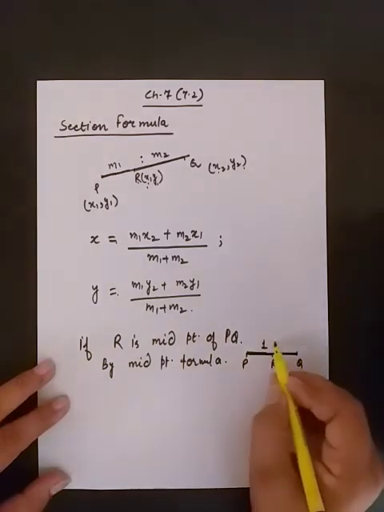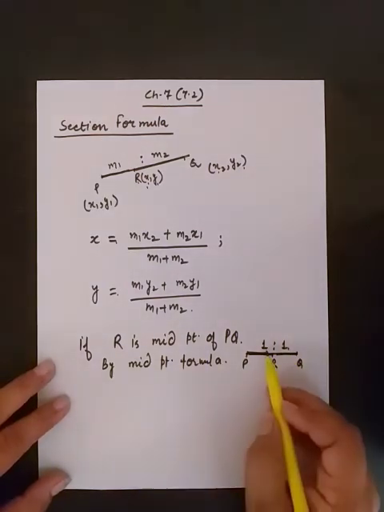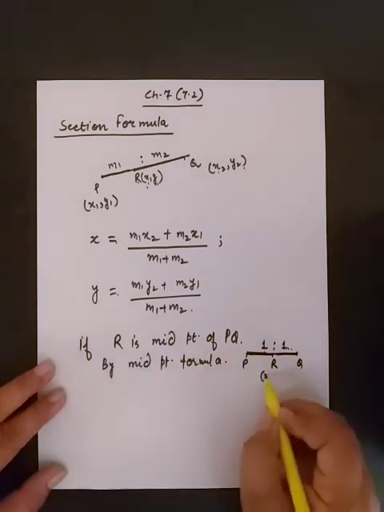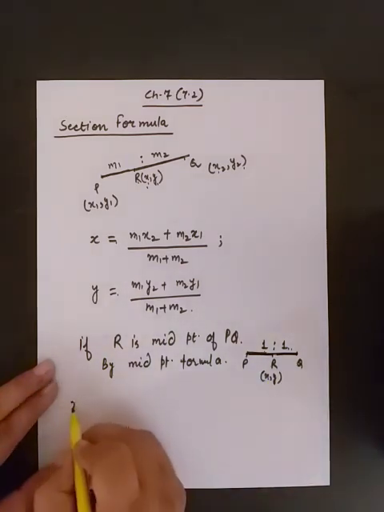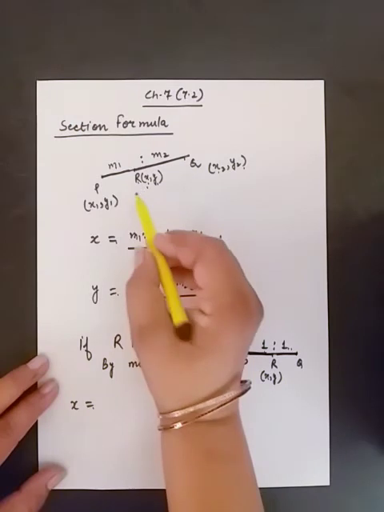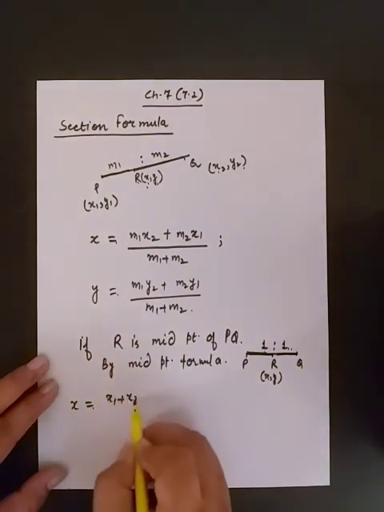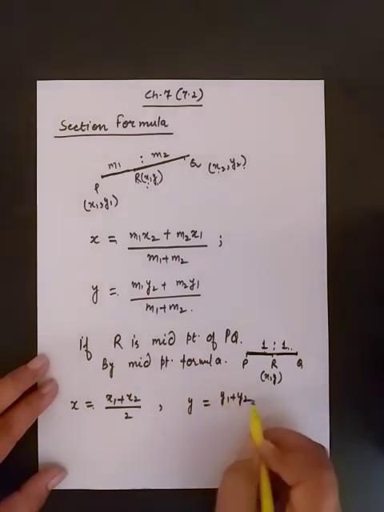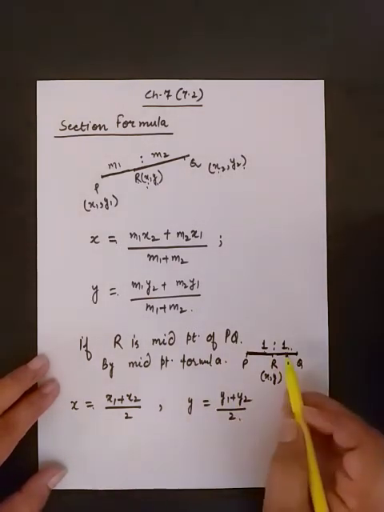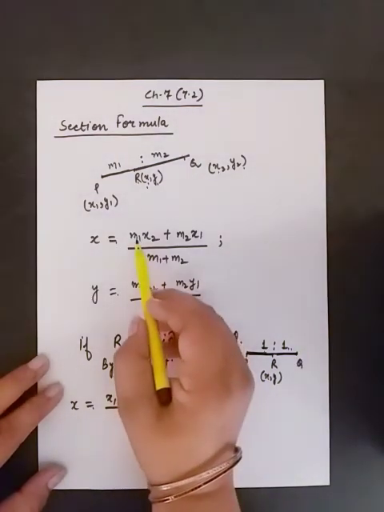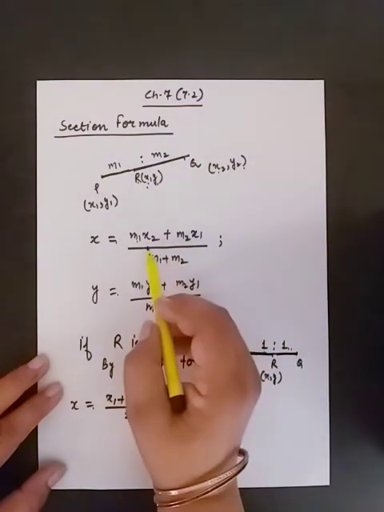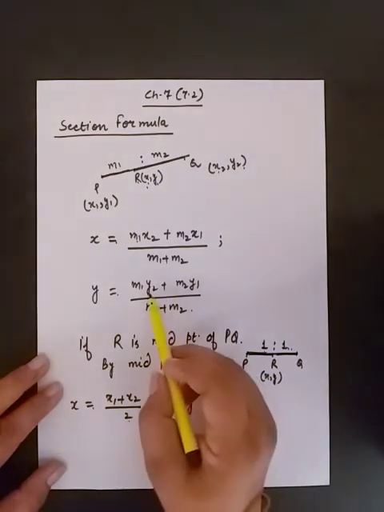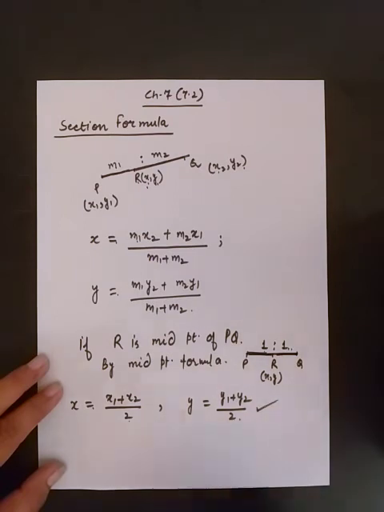So here the ratio will be 1:1. So it means here m1 is 1 and m2 is also 1. So we can find x directly. So point x will be x1 plus x2 by 2 and y will be y1 plus y2 by 2 because m1 and m2 are 1, 1. So whenever you put 1 in place of m1 and m2, you will get x1 plus x2 by 2 for the abscissa and y1 plus y2 by 2 for the ordinate.